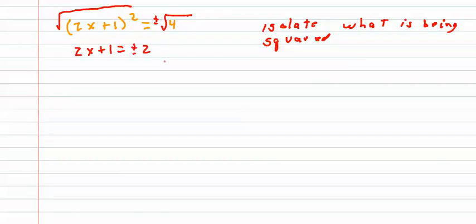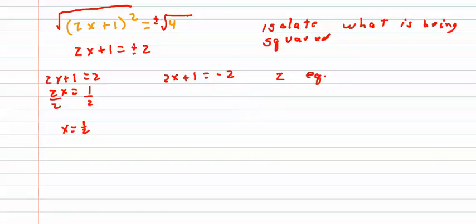So now we write two equations. We have 2x plus 1 equals 2, and we have 2x plus 1 equals negative 2. Subtract 1, 2x equals 1, divide by 2. We have x equals 1/2.